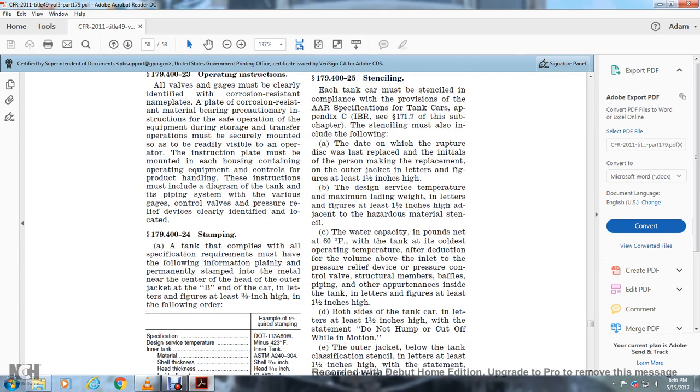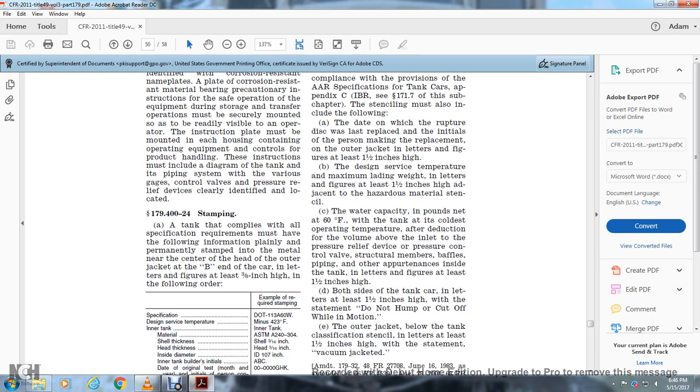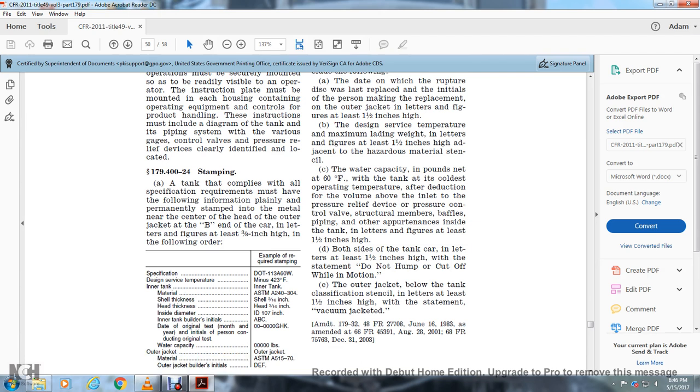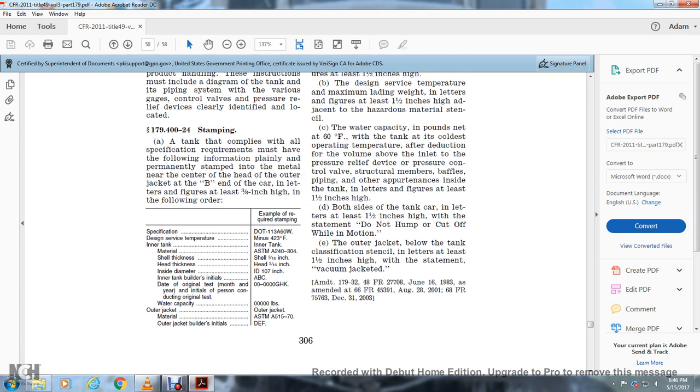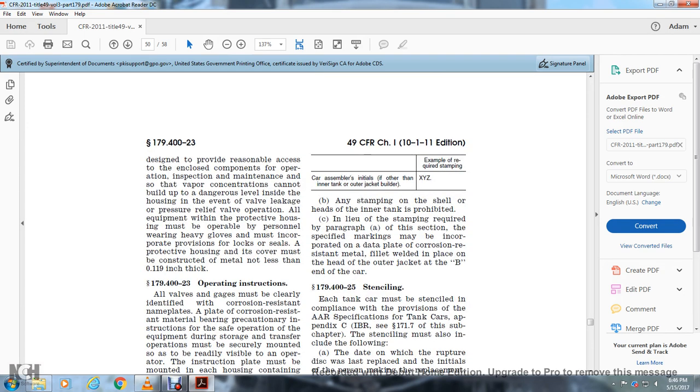179.424 Stamping. A tank that complies with all the specification requirements must have the following information plainly and permanently stamped into the metal near the center of the head of the outer jacket at the B end of the car, in letters and figures at least 3/8 of an inch high, in the following order: Specification, design service temperature, inner tank material, shell thickness, head thickness, inside diameter, inner tank builder's initials, date, original test date and the initials of the person conducting the original test, water capacity, outer jacket material, and outer jacket builder's initials, and also the car assembler's initials if other than the inner tank or outer jacket builder.